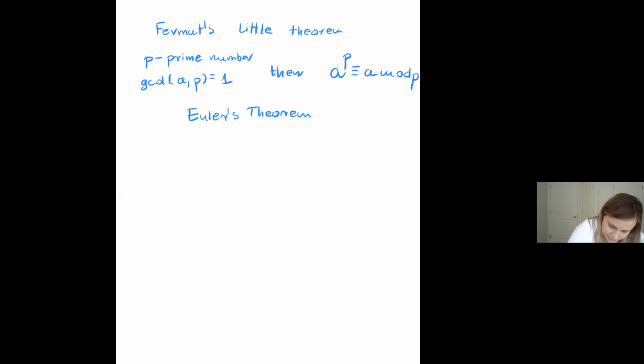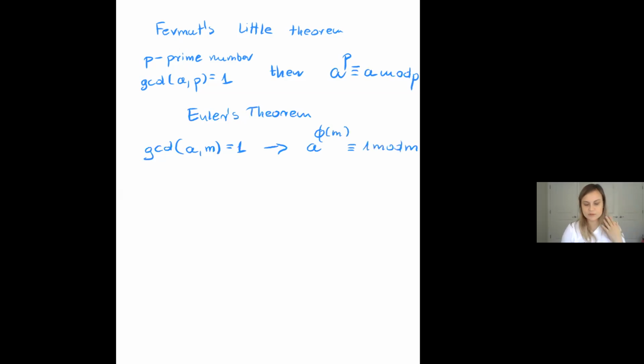And it says, if the greatest common divisor of A and M is 1, then A to the power Euler's phi function of M is congruent to 1 modulo M. So this is what this theorem says.